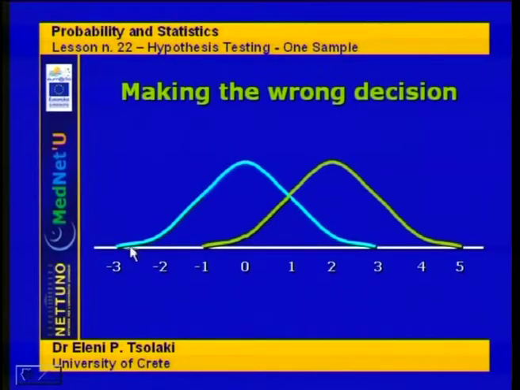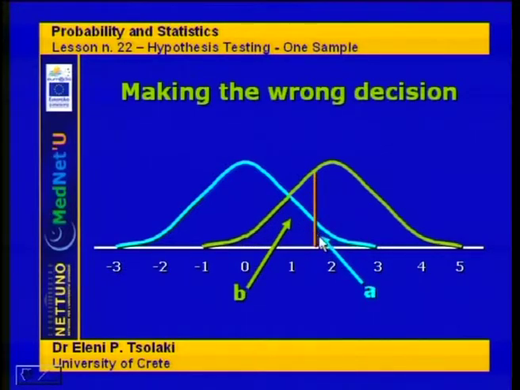Now, the first distribution here would be, let's say, from a population for which the null hypothesis is true. And here, the second distribution would be for a population for which the alternative hypothesis would be true. So what happens is, by choosing a, let's say, a to be this area, we actually have chosen b to be this area here.